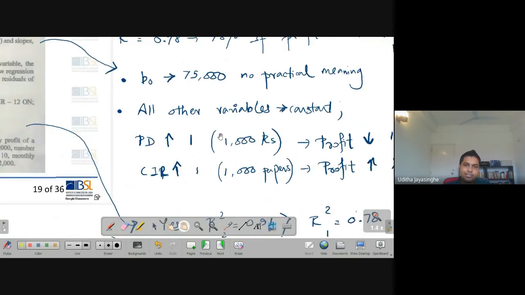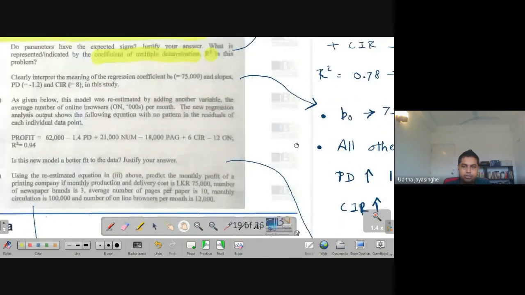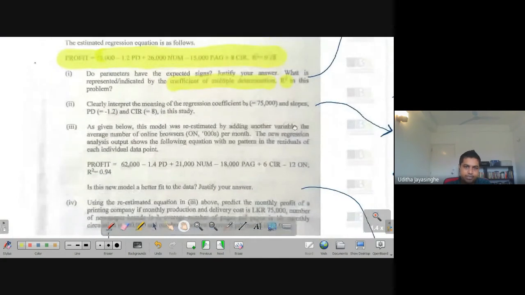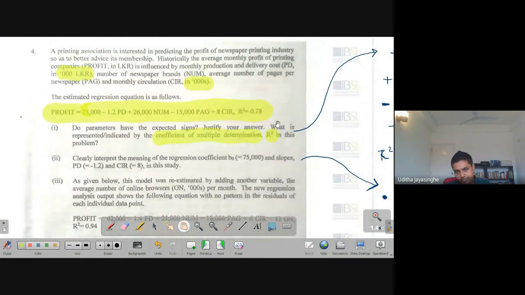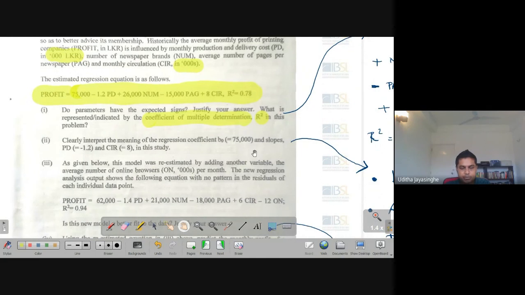That's how you define these individual variables, PD and CIR. Be very careful of the units. The idea is that when PD increases by 1, profit goes down by 1.2, and when CIR increases by 1, profit increases by 8 rupees, but be careful of defining the number of units underlying the equation also. That will give you a complete, fair picture.